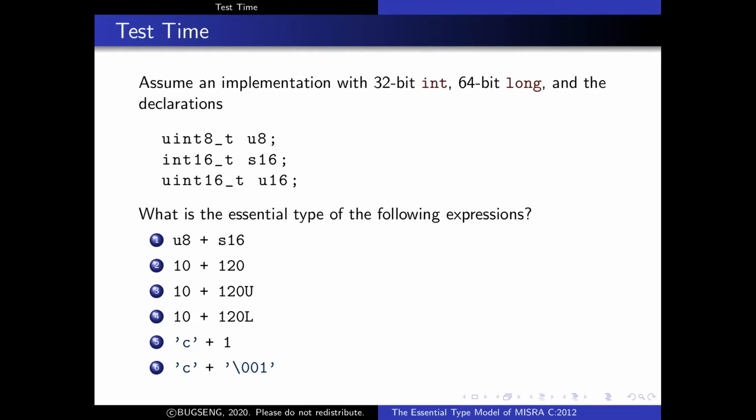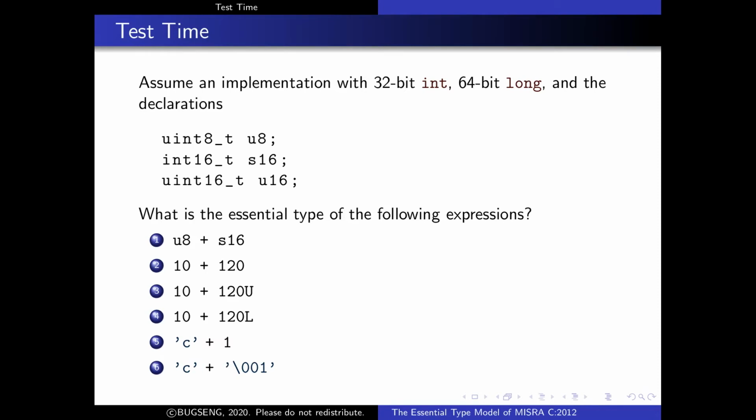So 10 plus 120u. This gives rise to the 10 being converted to unsigned. So we have the addition of unsigned int plus unsigned int, and this gives an unsigned int, which on this machine is 32-bit unsigned.